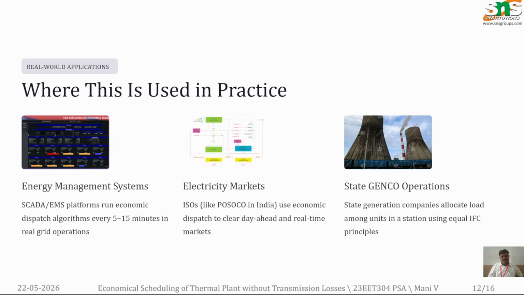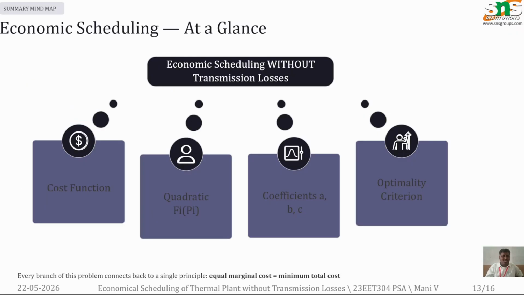In electricity markets, ISOs like POSOCO in India use economic dispatch to clear the day-ahead and real-time markets. This is the summary of economic dispatch without transmission losses: we have to know the cost function, draw the quadratic curve, note down the coefficients a, b, c, and apply the optimality criterion.